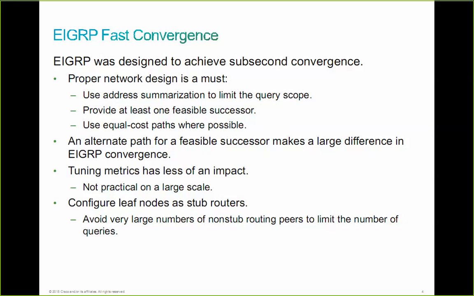It's very easy to do when you're talking about single links between a couple of routers, but when you start to get into hundreds of routers on the network and dealing with feasibility condition from one router to the next, to the next, to the next, all of a sudden it becomes a lot more difficult.